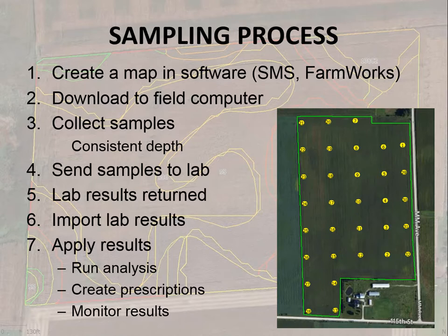Looking at the data, run analysis, create prescriptions, do some follow-ups and compare: how has our soil fertility changed from 3 years ago to now? So that is the basic sampling process from A to Z.